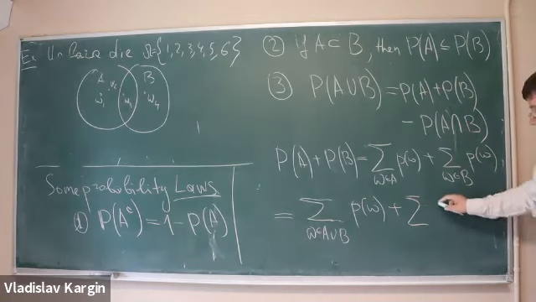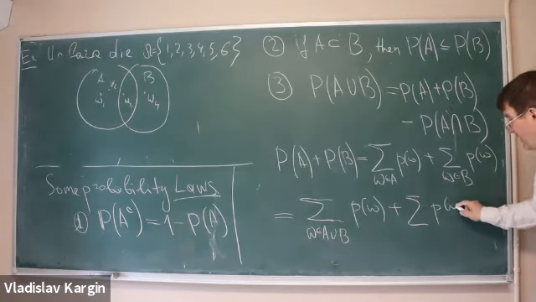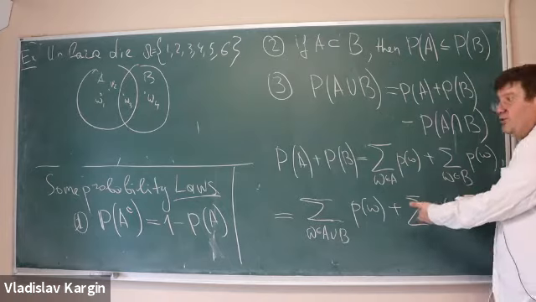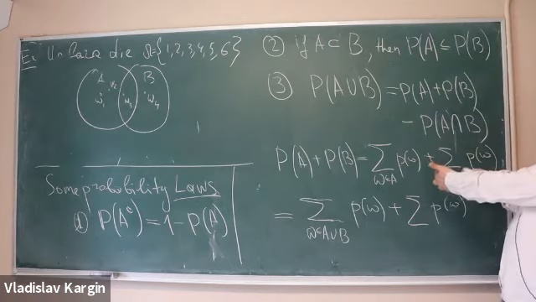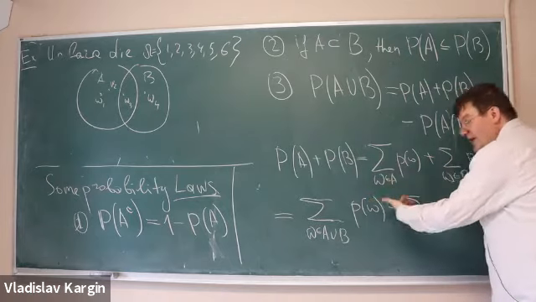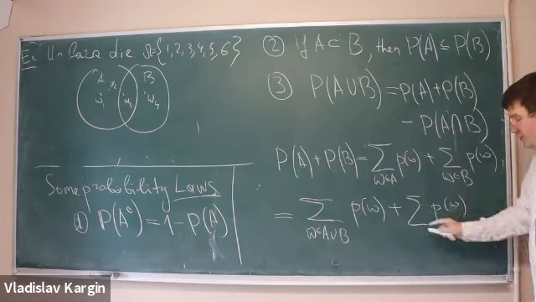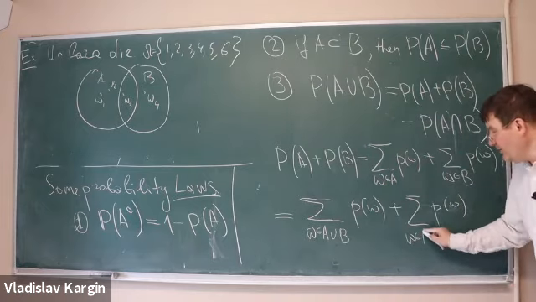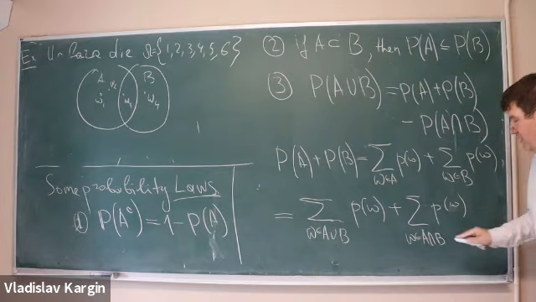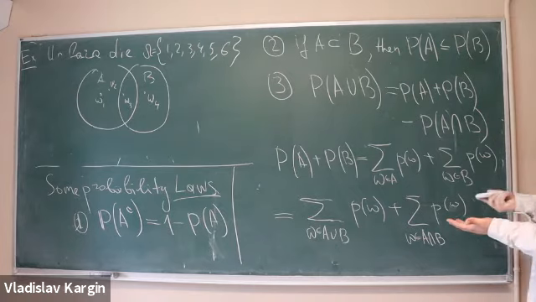So you can write that this is the sum of P of omega over the elements you counted twice here, the elements which were both in A and in B. So it's omega belonging to A intersect B. And after that you see what this formula gives you.